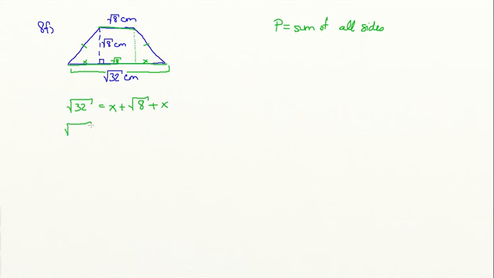So root 32 equals 2x plus root 8. I'm going to try to write these with some exponents. Maybe it'll be easier to figure it out. 4 root 2.